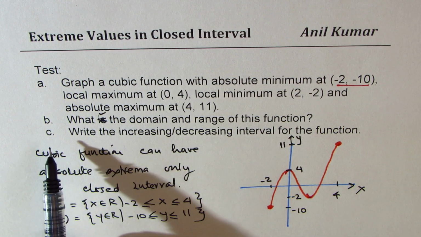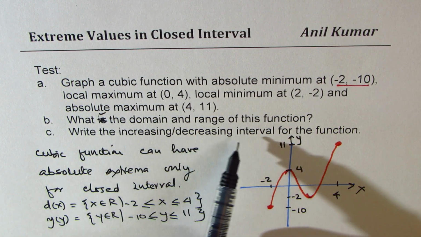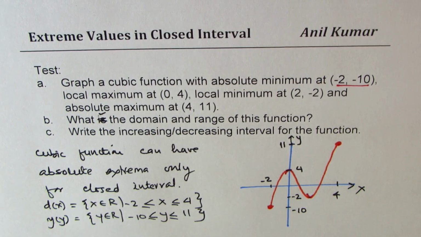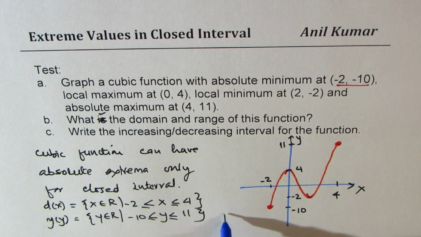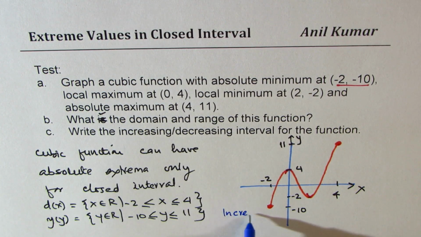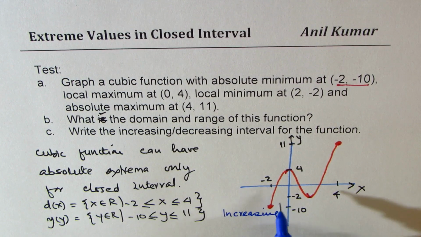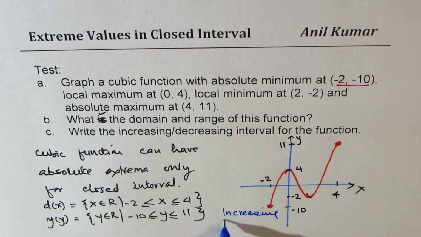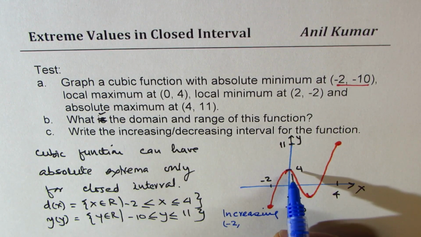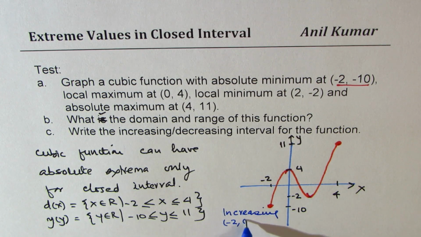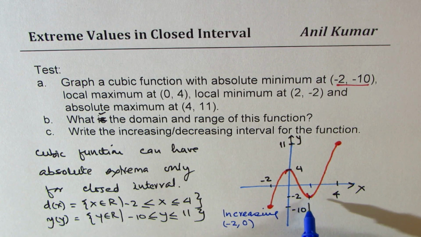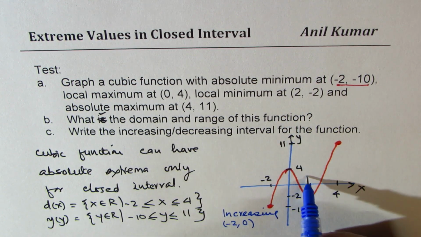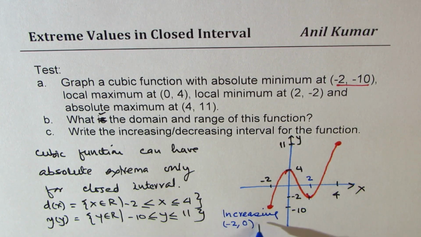The second part, C, is write increasing and decreasing intervals for this function, right? So what is the increasing interval? So let's write down. Increasing interval is, so it is increasing from -2 to the turning point, which is at 0, and then from this point, which is the other local minimum, which is at 2 to 4, right?